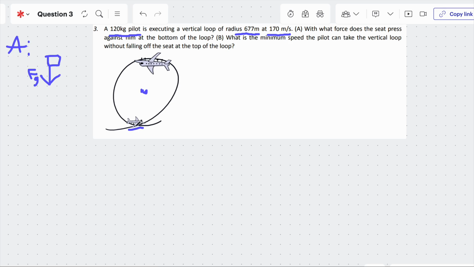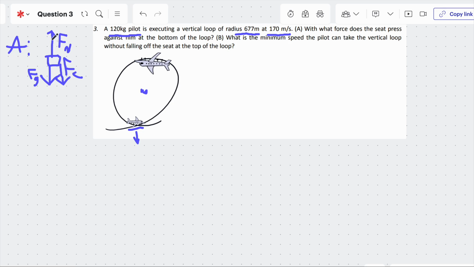So in this case, if he's at the bottom, that will also be pulling straight down. So we'll have our force centripetal. And since this plane is not flying down towards the ground, we got to have something counteracting these. And in that case, that is going to be our normal force.